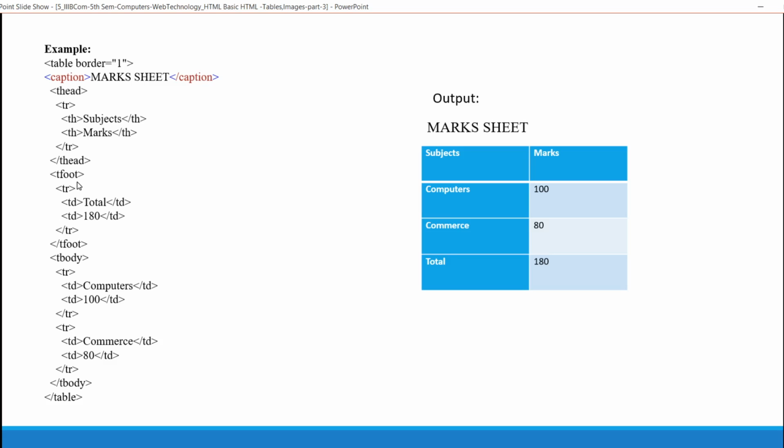In tfoot I am writing total and the marks, total marks. The body contents are computers, commerce. If you observe the output, this is caption, caption of the table. This is heading, thead. This is body, this is foot.